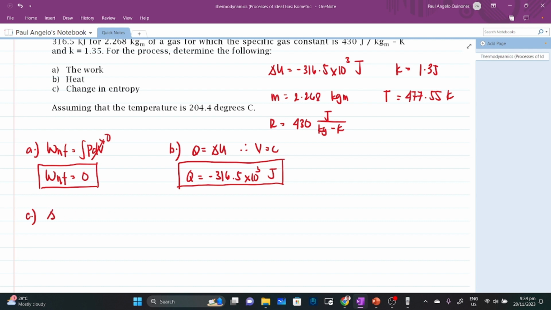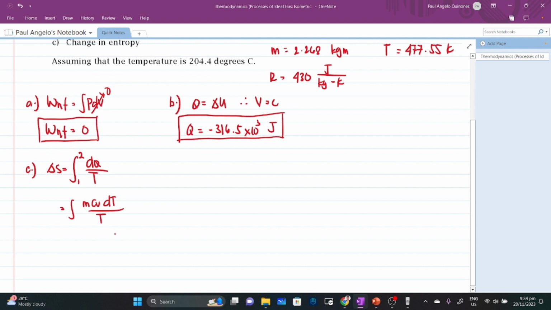Okay, next we are asked now to solve for the change in entropy, letter C. So for letter C, it is the integral of dQ over T, from point 1 to point 2. We know that dQ is equal to m cv dT, so dS is m cv dT over T. If we simplify this integral, we have the change in entropy equal to m cv natural logarithm of T2 over T1.